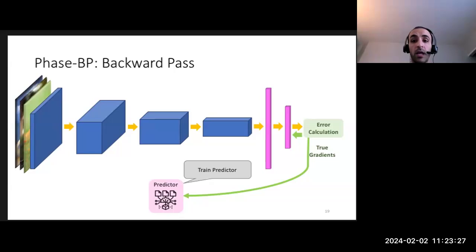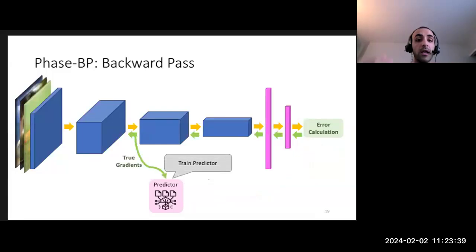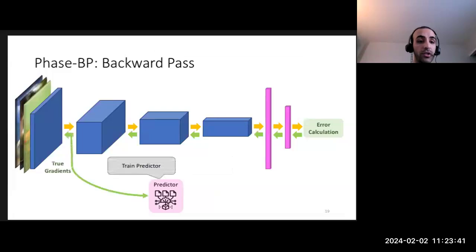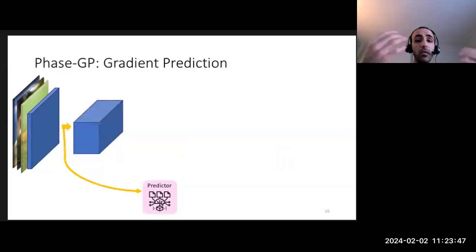And second, we send it to the predictor model. The predictor model gets this true gradient, compares it with its predicted gradient, and updates its own weights based on the true gradient. We repeat this process for the next layer until we reach the first layer, and during this process, we update the predictor model.